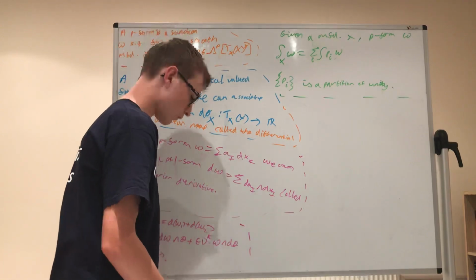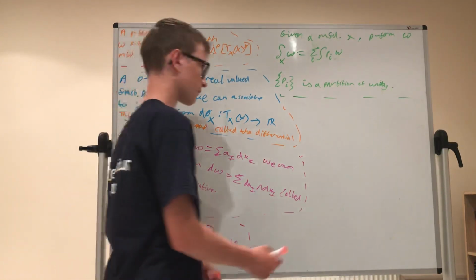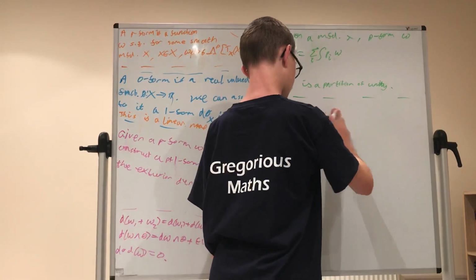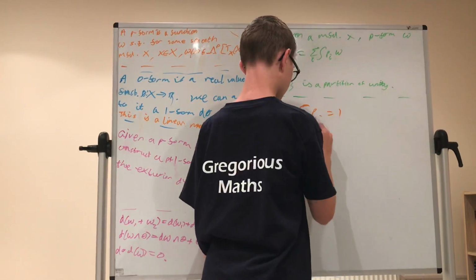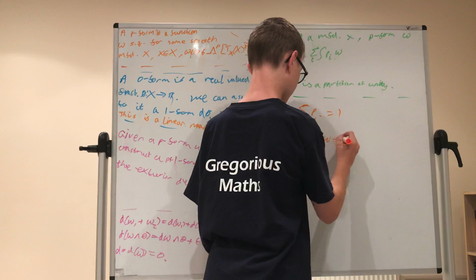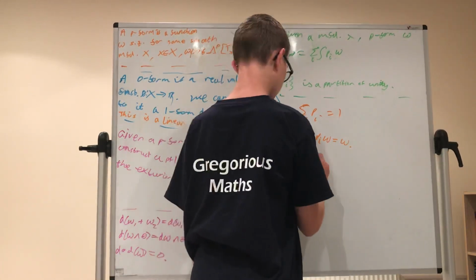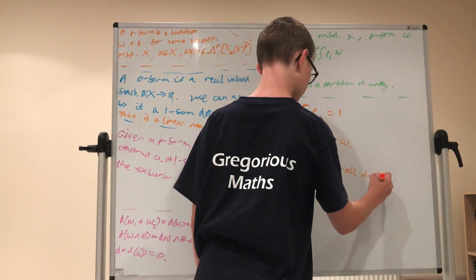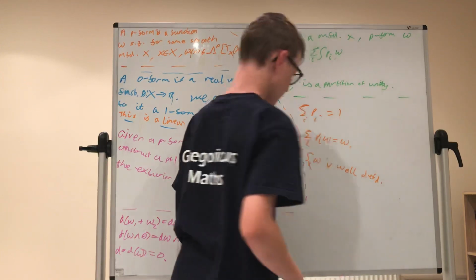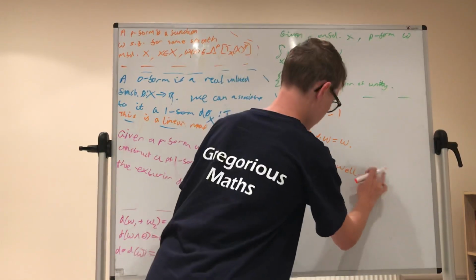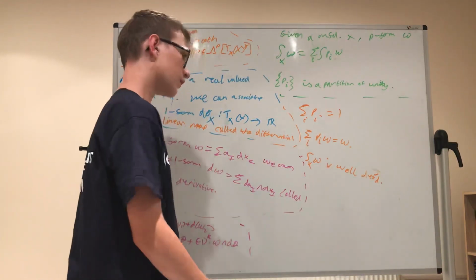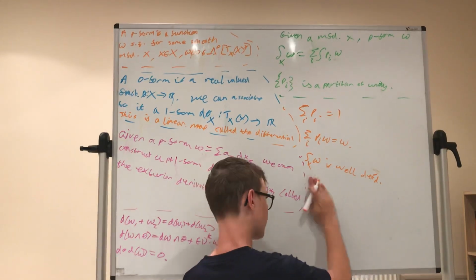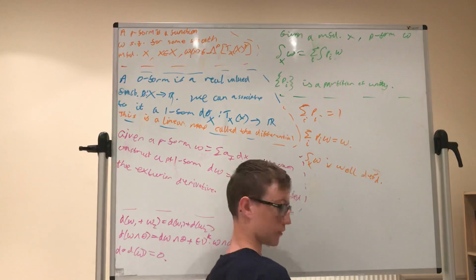Well, for this proof you have to know that the sum over i of p_i equals 1, and the sum over i of p_i omega equals omega, and so the integral over X of omega is well defined. And the proof is as follows. Assume that there are two partitions of unity, p_i and p prime j.